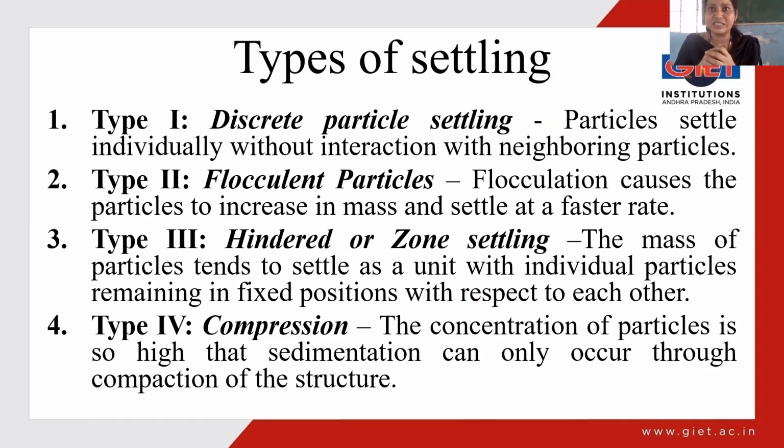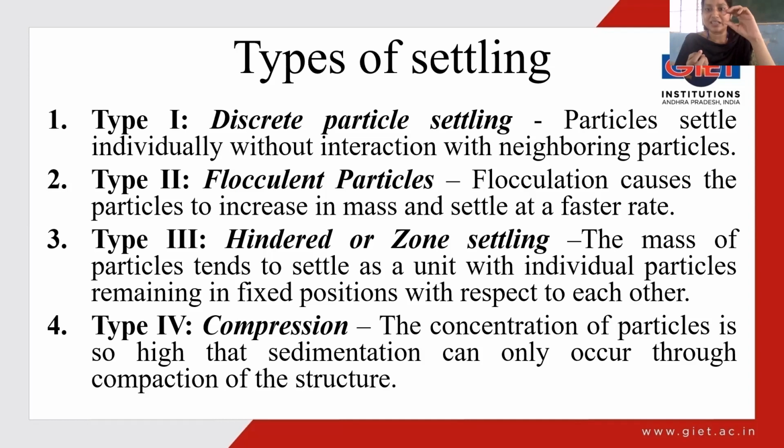Here, one particle has some weight and it is moving downwards because of gravity. There are some other suspended particles in between. It is at a distance of some x from the bottom of the tank. While this is traveling to the bottom of the tank, in between there are suspended particles which might not settle down, which might not have the weight to settle down.